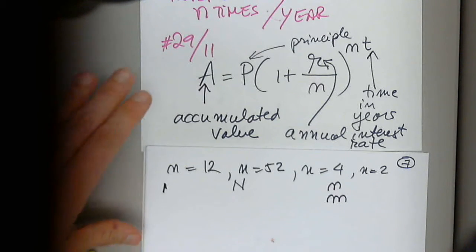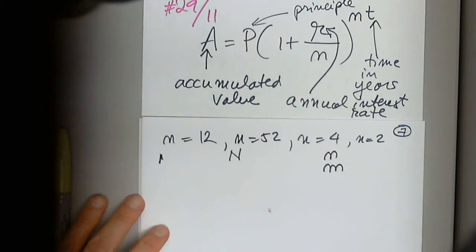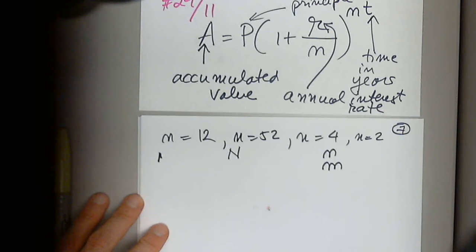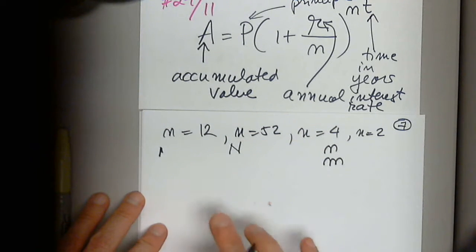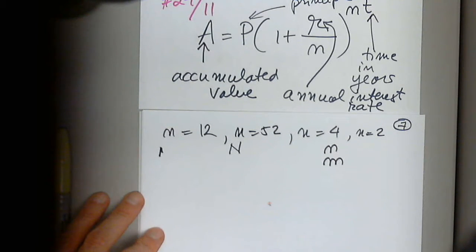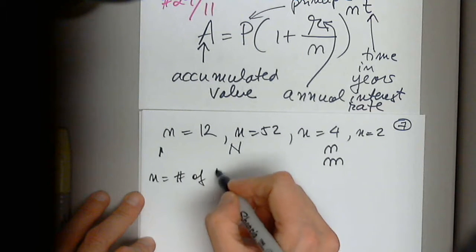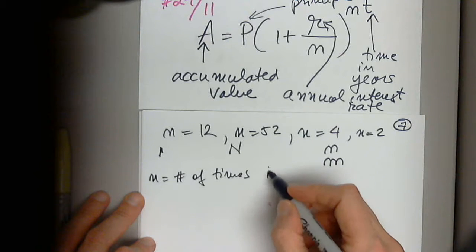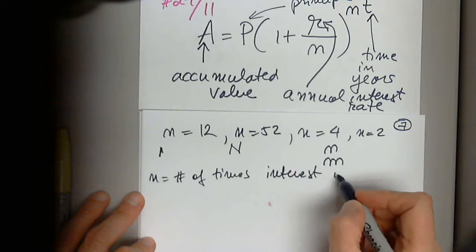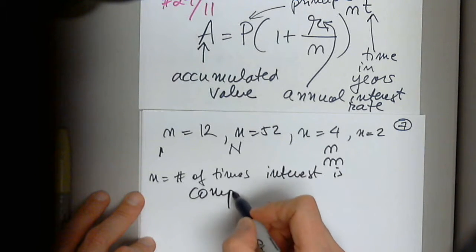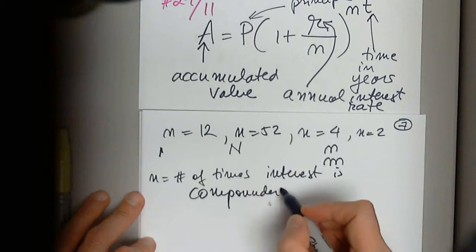I'm sorry about that. It doesn't matter. If you want to use m, you can. But normally we use n for the number of times the interest is compounded per year.